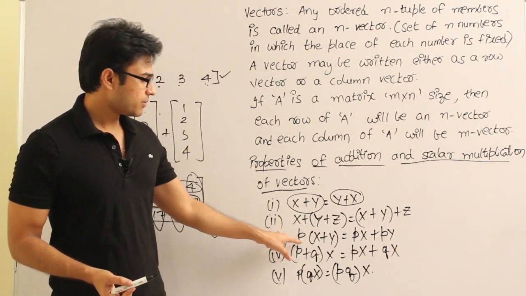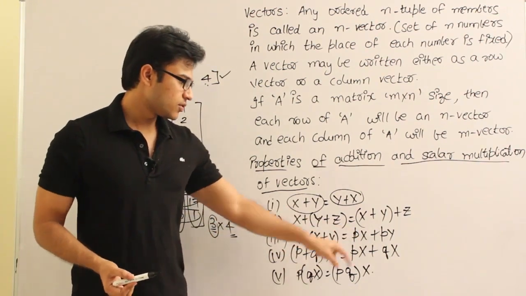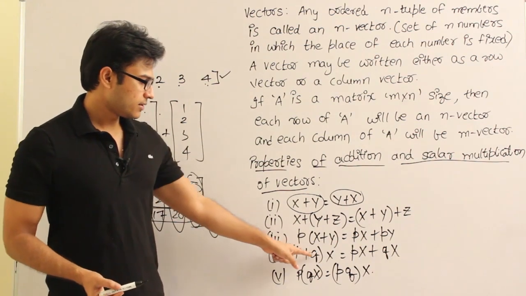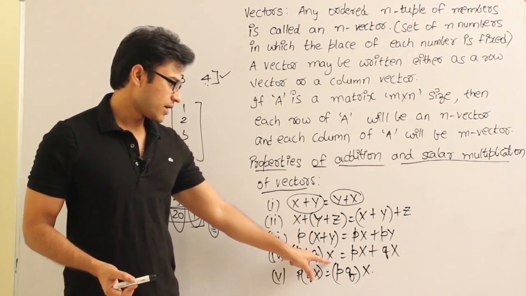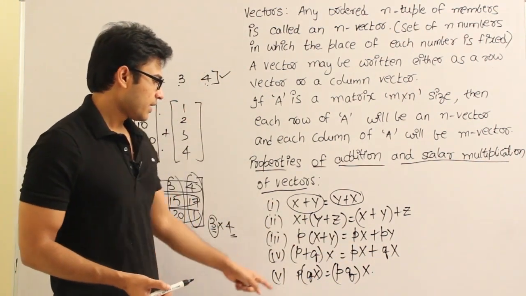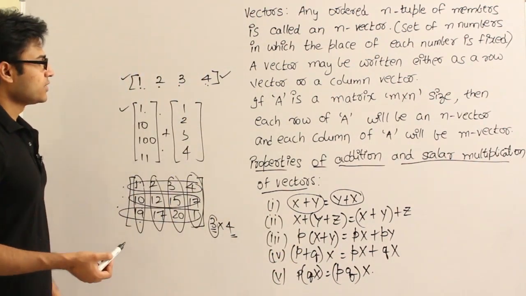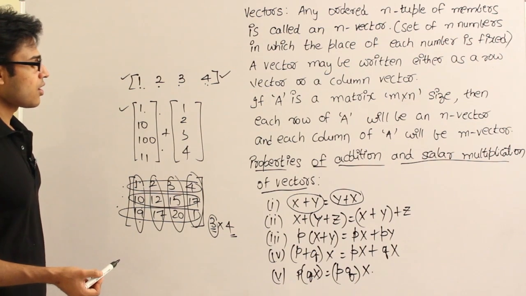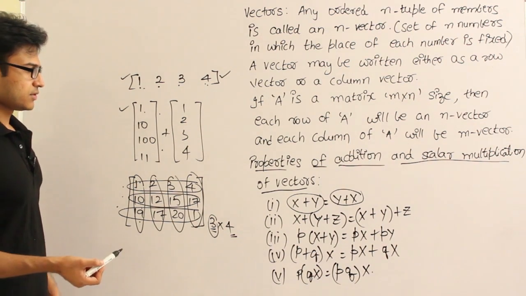If you want to multiply a constant p with x plus y, you can do it that way. Again this is distributive, so you can distribute the vector over p plus q, and you can rearrange all of them like this. We shall now see the relationship among various vectors.